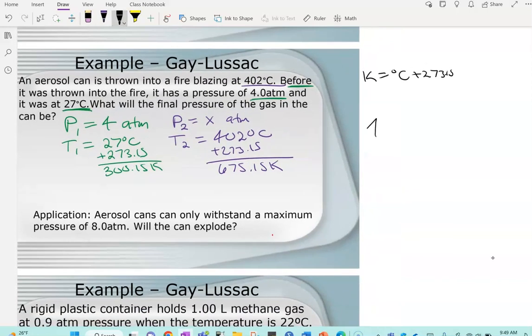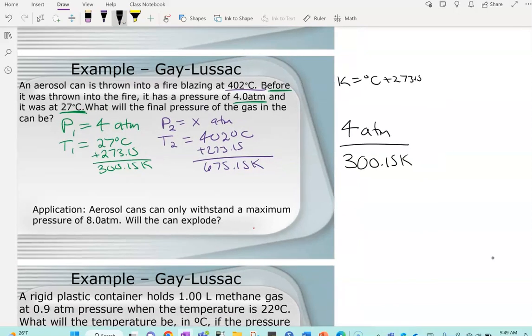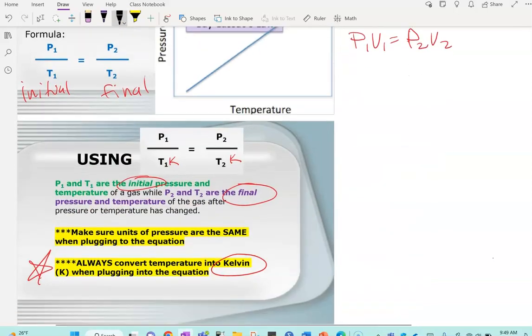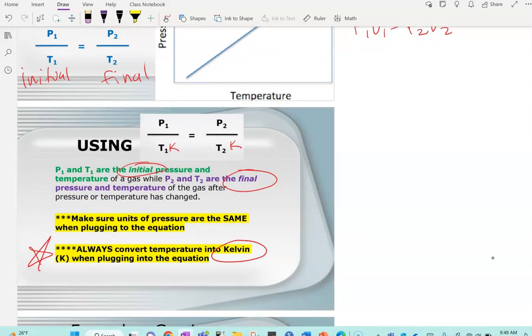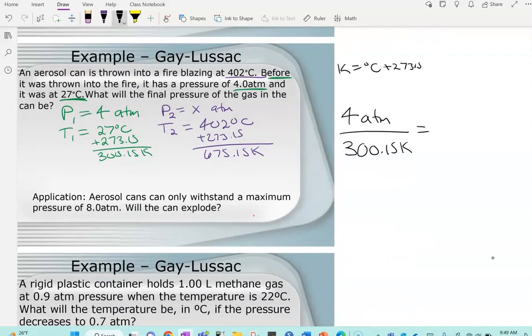Okay, so now I can plug into the equation. So I have my P1, which is 4 atm, over my T1, which is 300.15 Kelvin, is equal to our X, which we're trying to find in atm, because that's what this pressure is in, over 675.15 Kelvin.